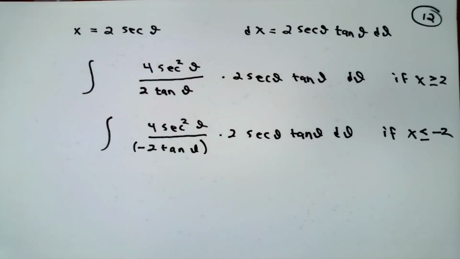Since x is 2 secant of theta, dx is 2 secant theta tangent theta d theta. The radical on the bottom of the fraction is either 2 tangent of theta or -2 tangent theta, depending on whether x is bigger than or equal to 2 or less than or equal to -2.